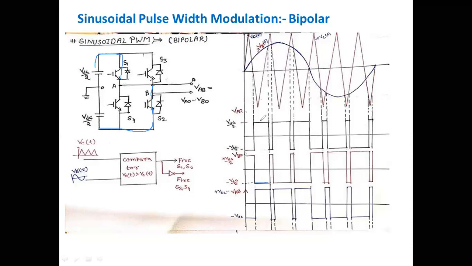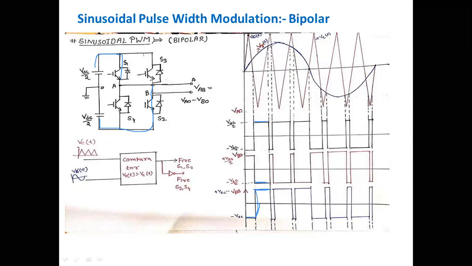You can see here VAO is plus VDC by 2 and VBO is minus VDC by 2. Now, if I want to draw VAO minus VBO, then plus VDC by 2 minus minus VDC by 2. So if you subtract, then this will give you plus VDC. You can see here, this will give you plus VDC. So here VAB has gone from minus VDC to plus VDC.